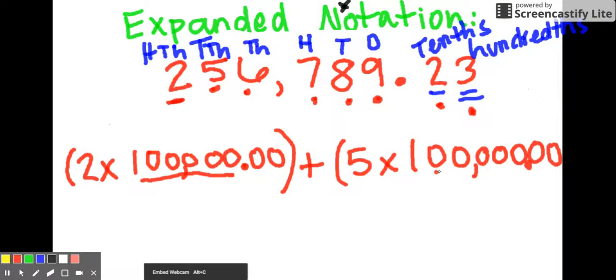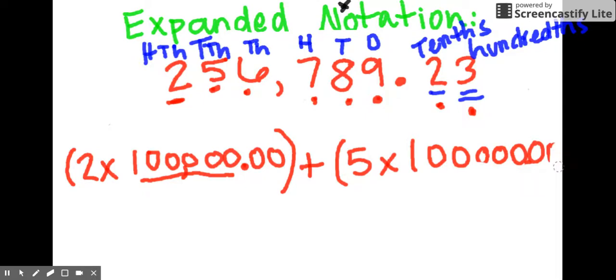Let's count them. 1, 2, 3, 4, 5, 6, 7. I got busy talking and I put in too many zeros. But good thing I checked my work, and that's why we always talk about we need to check our work. So 1, 2, decimal point, 1, 2, 3, then comma. That looks better. Now it looks more like 10,000. Here's my awesome pattern. I've got a 1 and a 1. I haven't messed anything up.